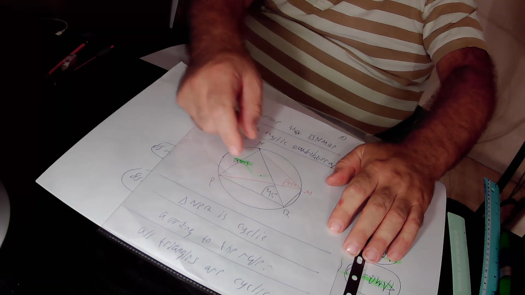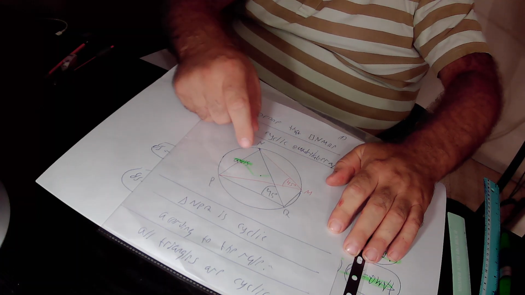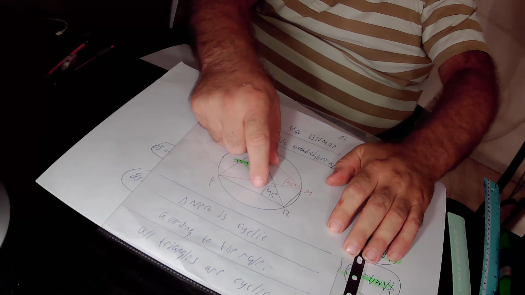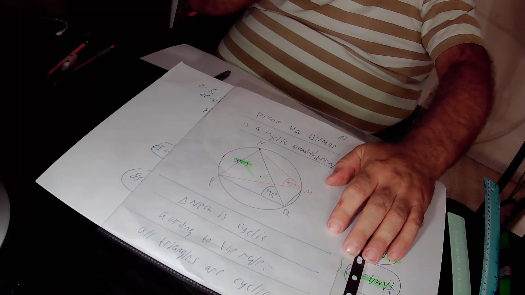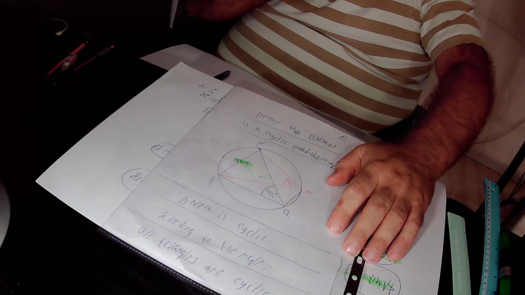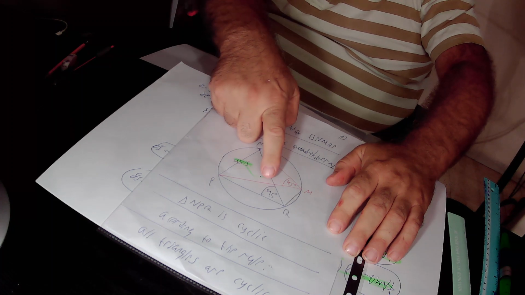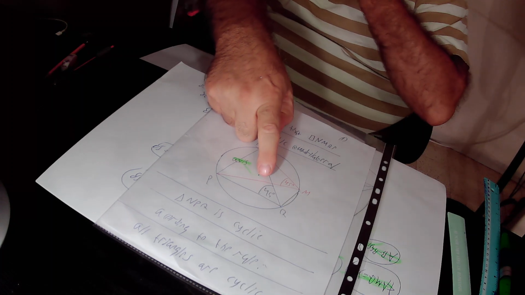Why? Because we rotate angle NQP without changing the size of it, that is 45 degrees. In this way, we created infinite triangles that each of them is equal to 45 degrees in size.